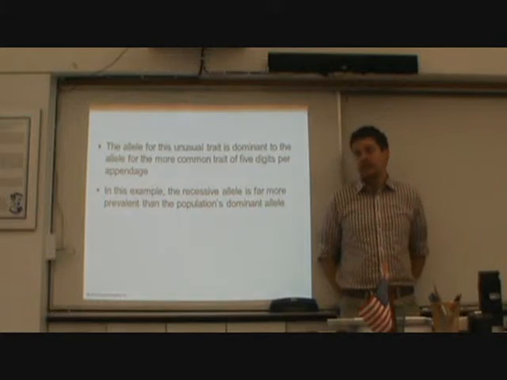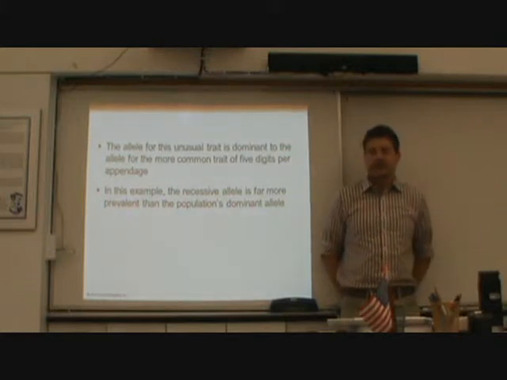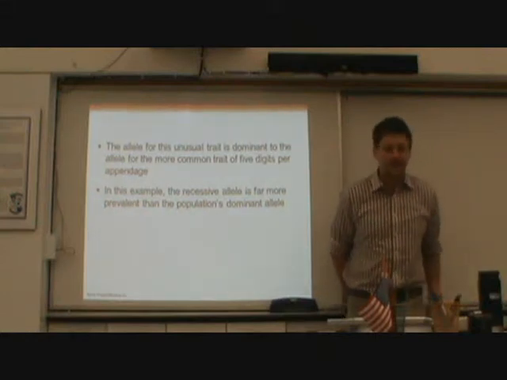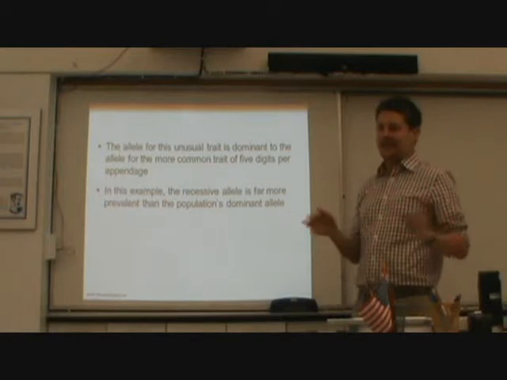Now, if at some point in human history, for some reason, people found people with extra digits more attractive, and they got more breeding opportunities, then you might see an increase in that allele.